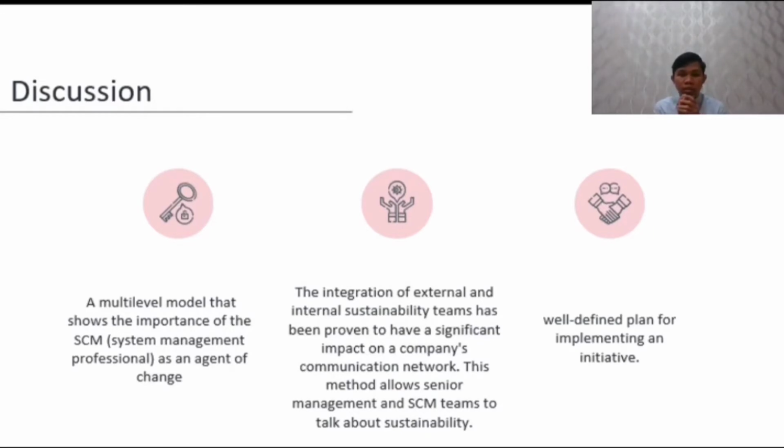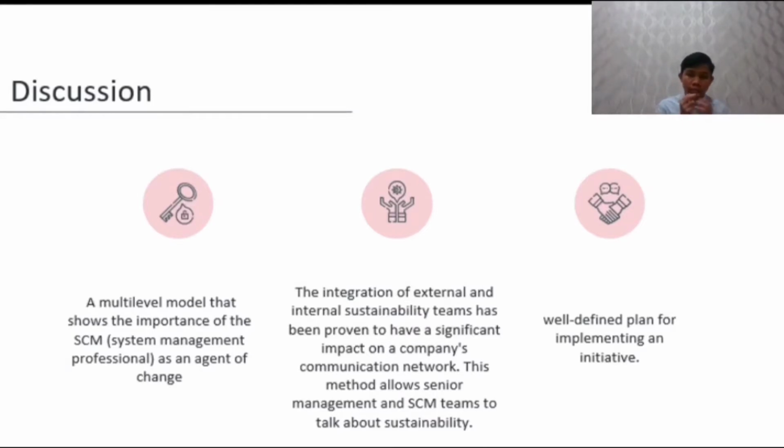It supports the notion that the endorsement of the professional is fundamental to the success of the change process. This study explored the various factors that influence a company's network communication strategy when it comes to sustainable business practice.